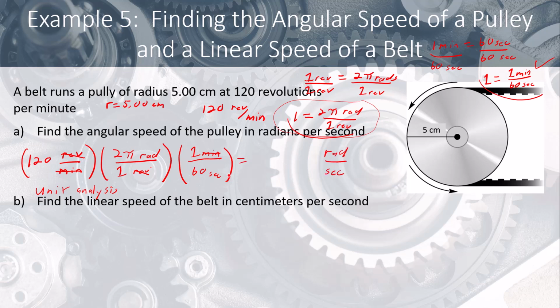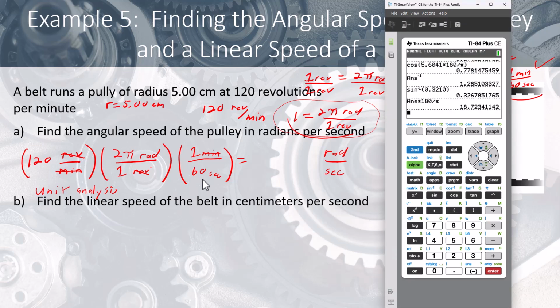So my final answer is going to be 120 times 2 pi divided by 60. Let's go ahead and do that on our calculator. That will be 120 times 2 times pi divided by 60.